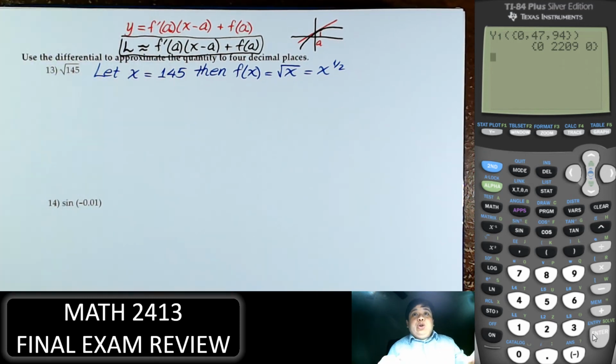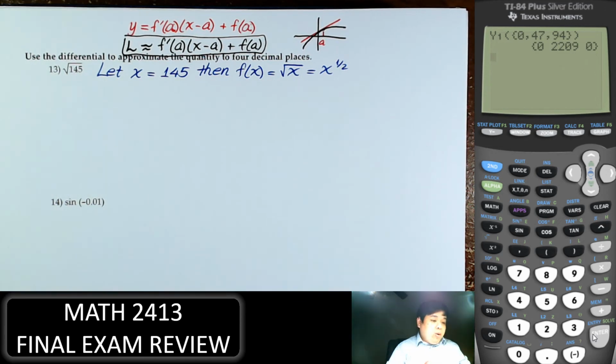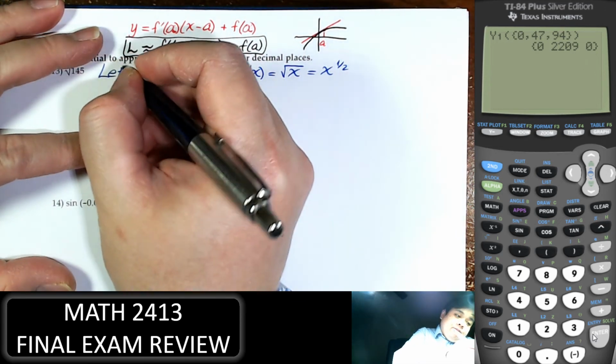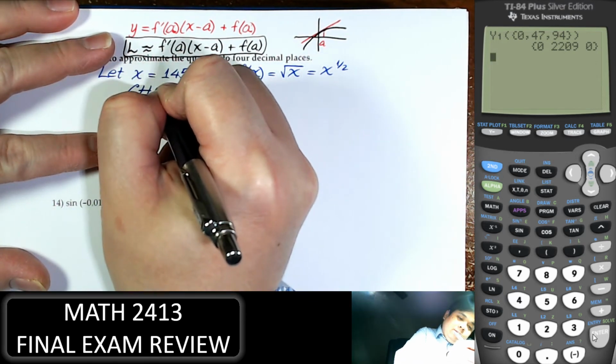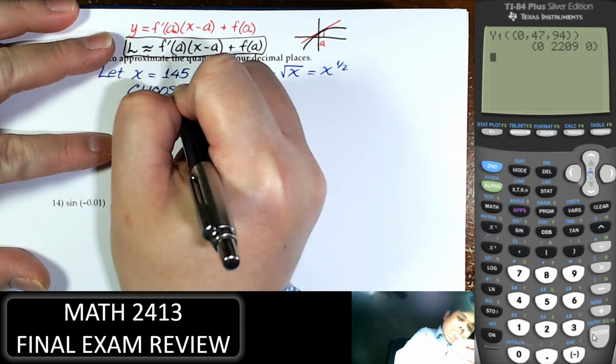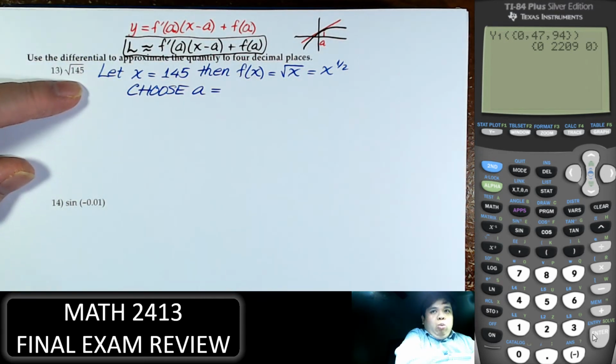Next, we're going to choose a. A is the number that is close to x but evaluates nicely without a calculator. So we're going to choose a number that is close to 145 and whose square root comes out nice and even.